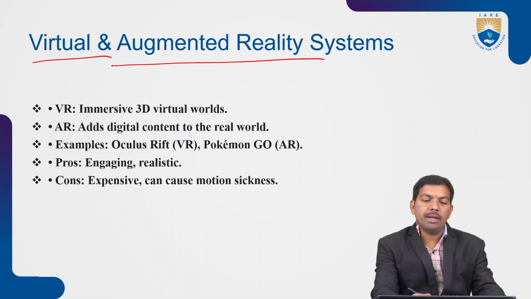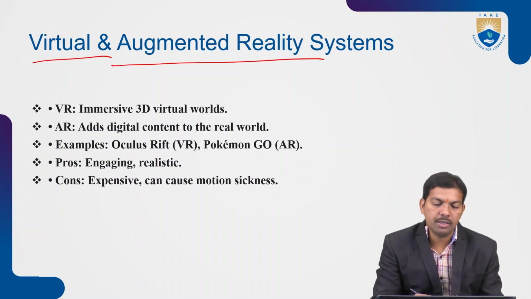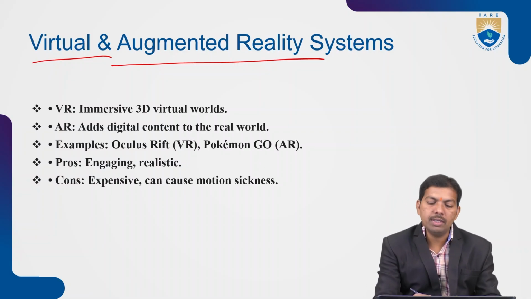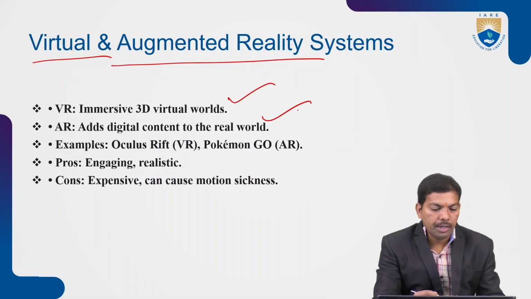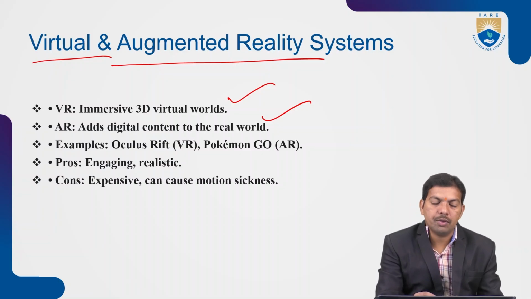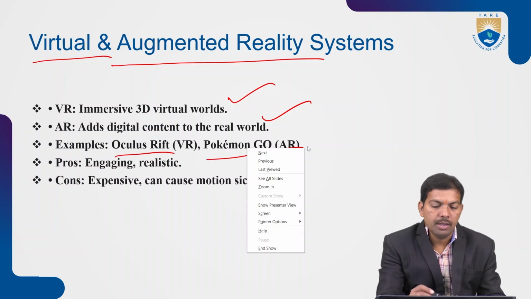Virtual reality is immersive 3D virtual worlds, and augmented reality adds digital content to the real world. So to the real world we are adding the digital world. Examples are Oculus Rift and Pokemon Go. These are all examples of AR and VR.